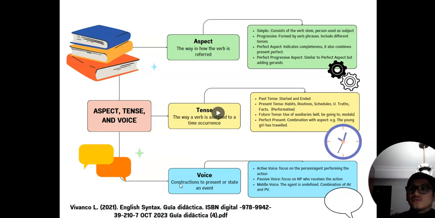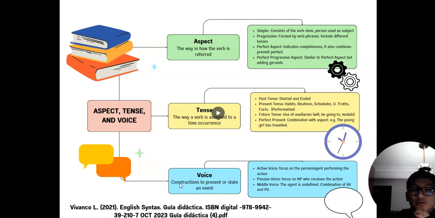So we have to ask ourselves questions like who did the action, what was done, what it's been doing, who is the receiver of the action and why. So those are the questions that we have to have in order to construct properly and coherently these grammatical constructions.